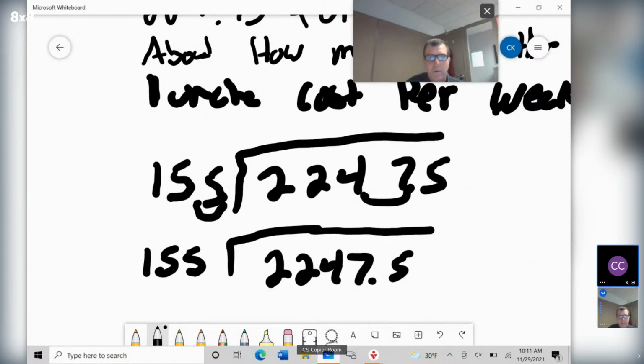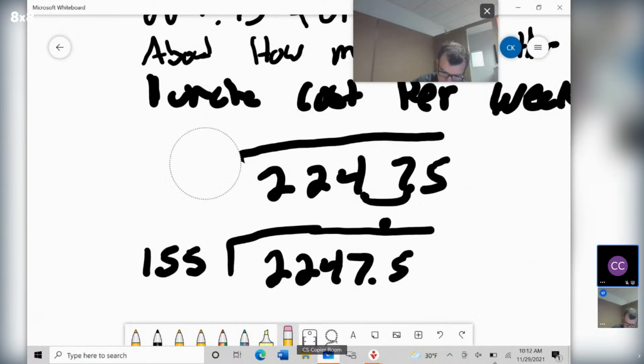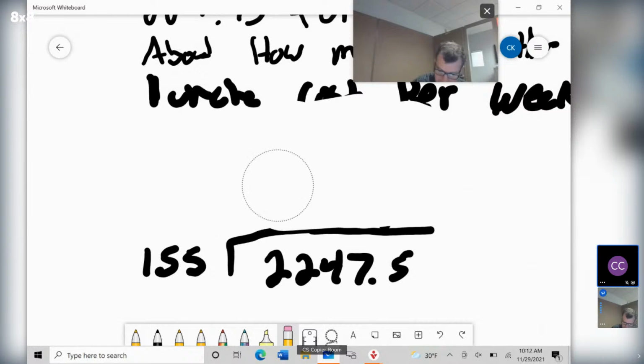And remember, the first thing we want to do with the division problem is move this decimal up. I'm going to erase this up here so we have a little more space. And then it's going to be a division problem. How many times is 155 going into 224? Well, we know it's 1 time. Because 2 would be 310, so that's going to be 1.